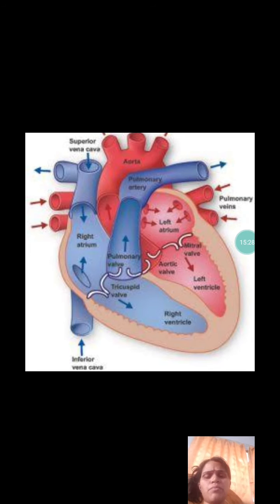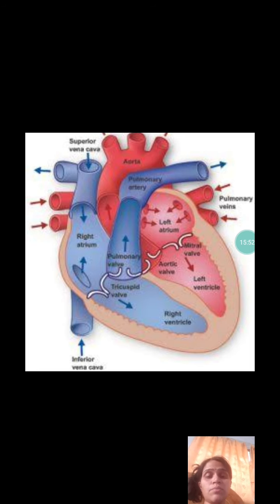So for the proper functioning of the heart, who provides blood to the heart exactly? We have already studied that the heart provides oxygenated blood to the different parts of our body for proper functioning. This heart is also an organ. So who provides blood to the heart?